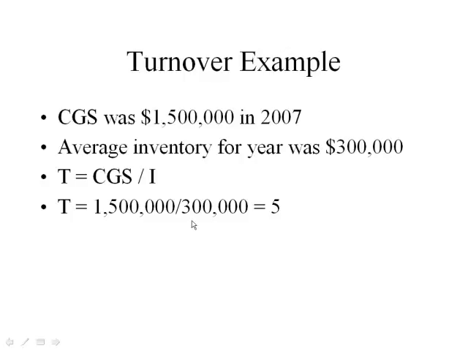If I told you it took $300,000 worth of inventory investment, you might say, well, okay, that's not so bad. If I told you it takes a $2 million inventory investment, you probably wouldn't want to buy my business. So again, this is kind of a subset of the return on assets concept.